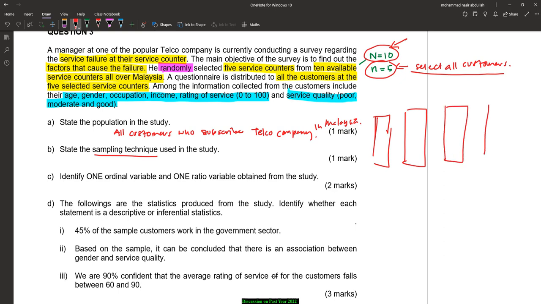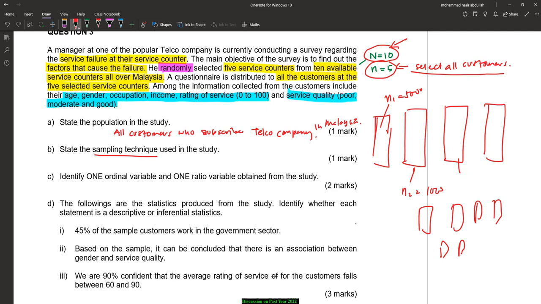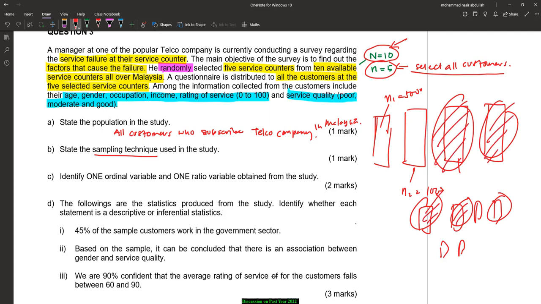Let's say this one customer N1 equals 5,000, contoh lah. This one N2 equals 1,000, and many, ada 10. I tak buat banyak-banyak lah. So dia select 5 saja: 1, 2, 3, 4, 5. Daripada 5 tu dia select all members in the branch. All customers.